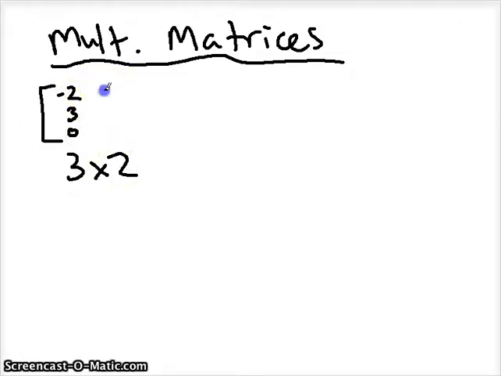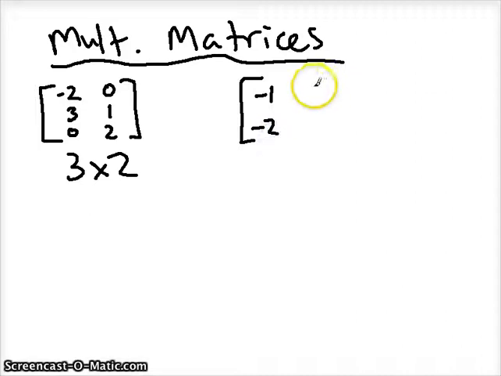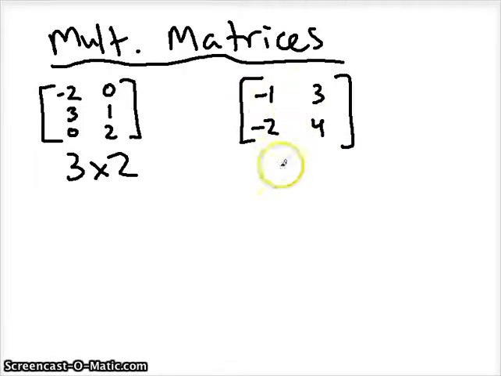There's 3 rows, here's 2 columns. And if I wanted to multiply that by another matrix, let's say this one is a 2 by 2. Let's use these examples here. So 2 rows, 2 columns, that's a 2 by 2.